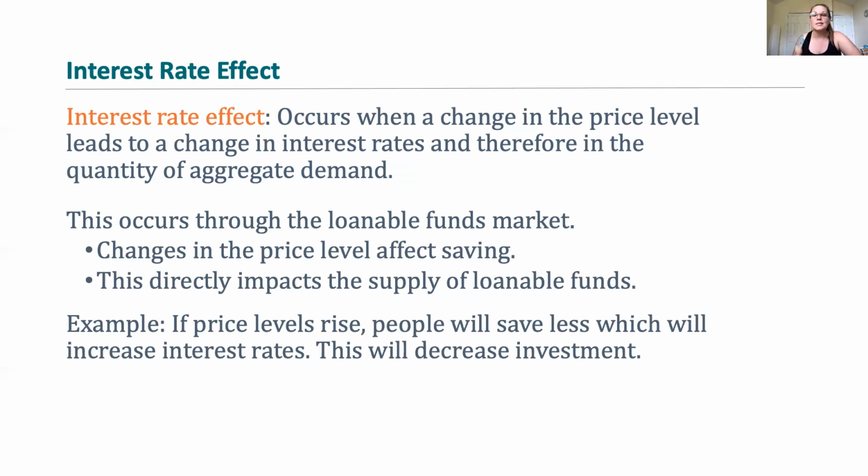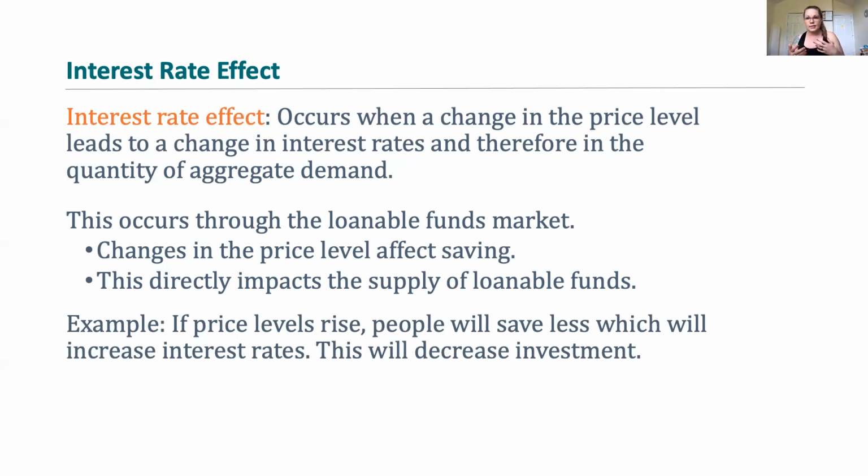This lowers the supply of loanable funds. When the supply of loanable funds goes down, interest rates rise. And so at higher interest rates, purchases of goods and services on credit are likely to decline. So this is mainly going to be a drop in the variable I, investment, but some large ticket consumer goods as well. So it could affect consumption.